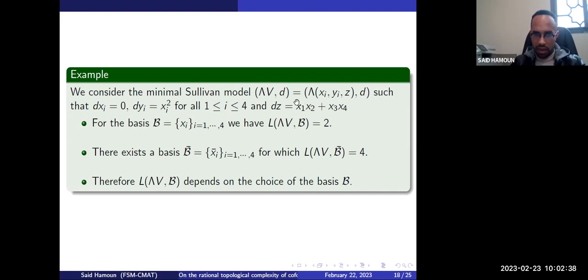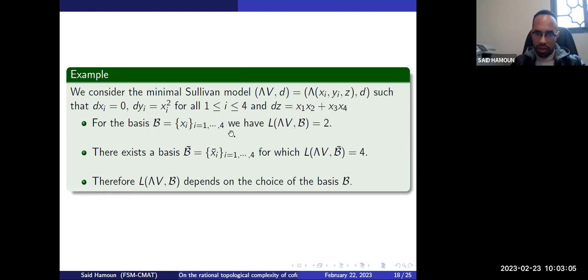And we consider this example whose minimal model is given by lambda xi, yi, z, where xi are cycles and the differential of yi is xi to the power 2 for all i between 1 and 4, and the differential of z is x1x2 plus x3x4.